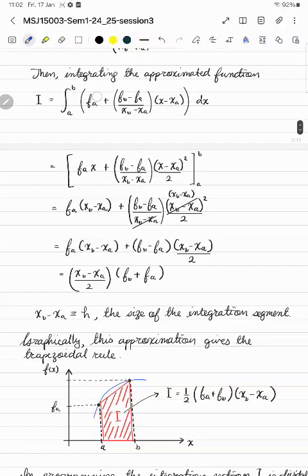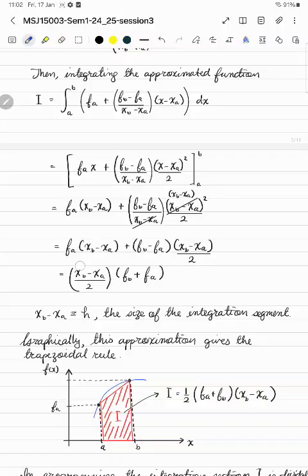So here you have f(xa), for example, and when you integrate, you treat f(xa) as a constant. So you have the x here, and of course you have x minus xa, so this will be (x minus xa) squared divided by 2. This is a very rudimentary integration process.